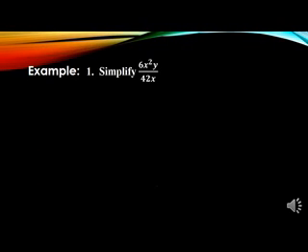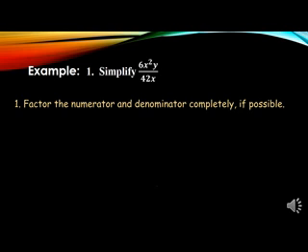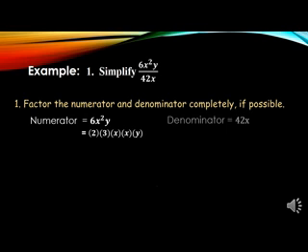Example number 1. Simplify 6x squared y all over 42x. Step 1. Factor the numerator and the denominator completely. So the numerator is 6x squared y and its factors are 2 times 3 times x times y. And the denominator is 42x and its factors are 6 times 7 times x.